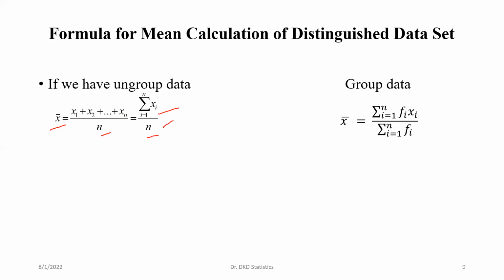But if we have grouped data, then x bar equals summation i equal to 1 to n of fi xi, where f represents the frequency for that particular group and xi represents the observation, divided by summation of fi, which is sometimes capital N, or small n if we are using sample data.